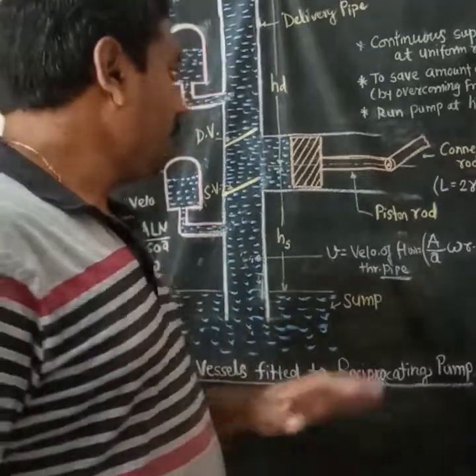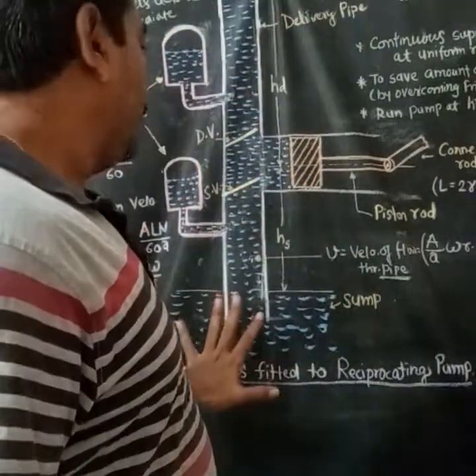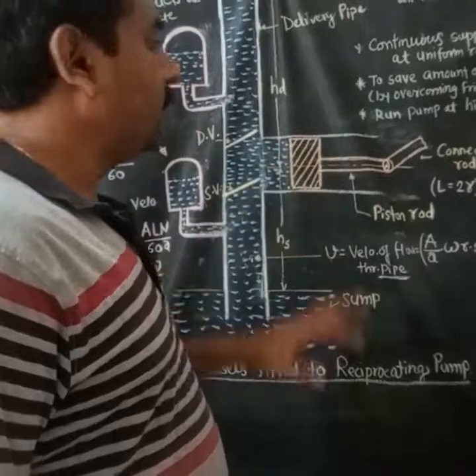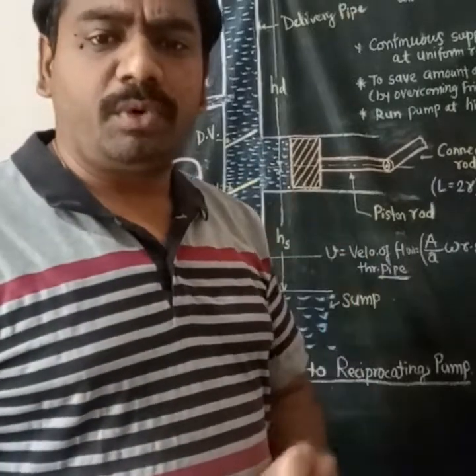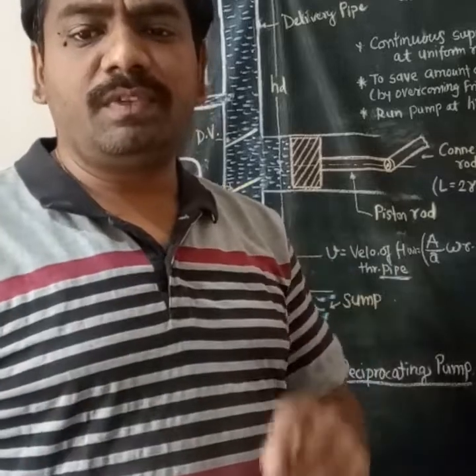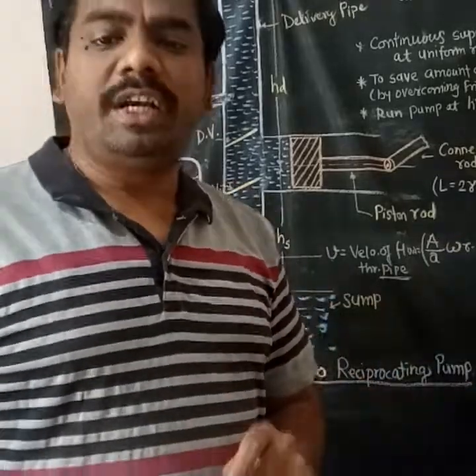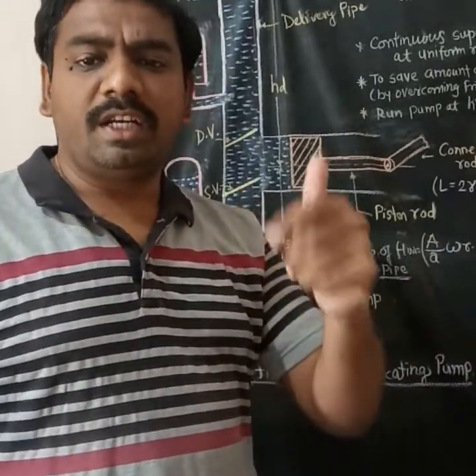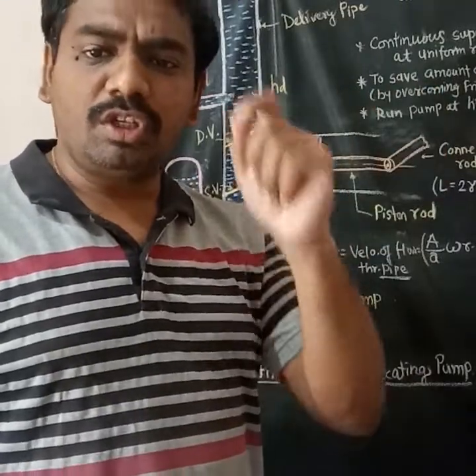So the main function of this air vessel, as you know, is this: in a single acting reciprocating pump, the flow will be intermittent, meaning at the delivery side there will be flow only during part of the cycle, not a uniform flow.